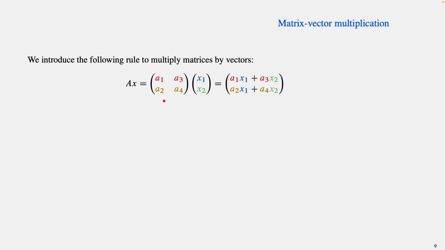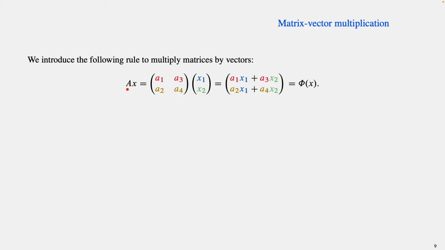So let the colors help you a little bit to unconfuse this expression here. What we do is basically we take the rows of the matrix, and for each row we multiply it with the column of the vector. So the first entry in one row is multiplied with the first entry in the column of the vector, and the second entry in the row is multiplied with the second entry in the vector column.